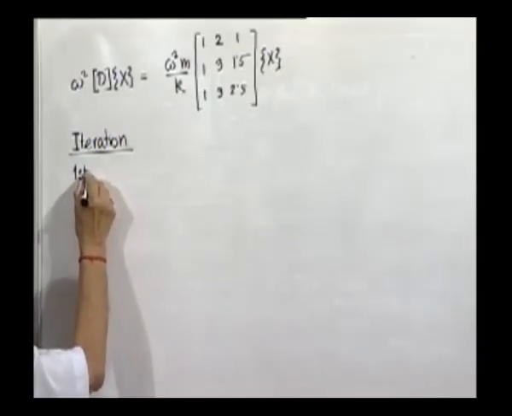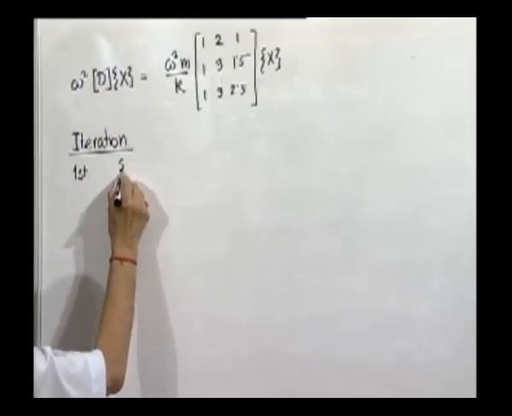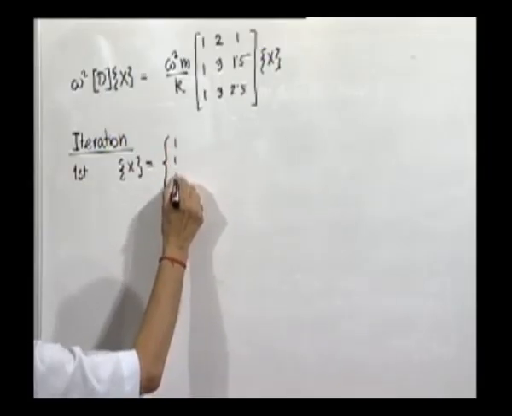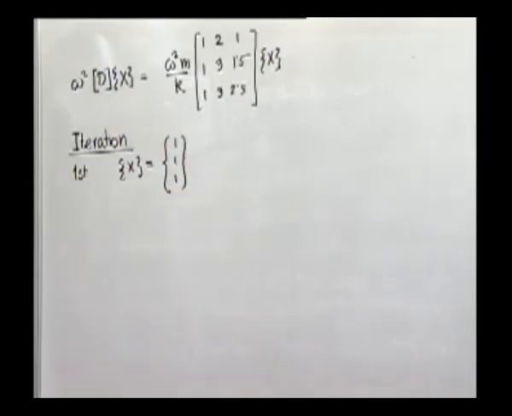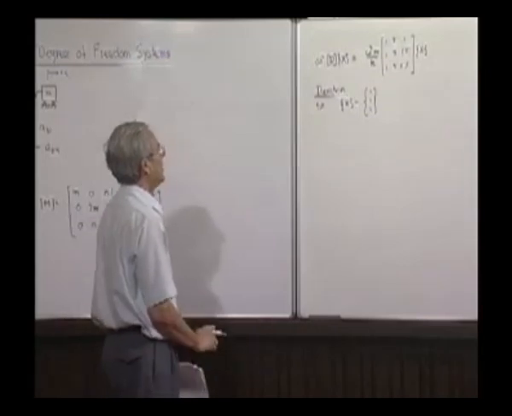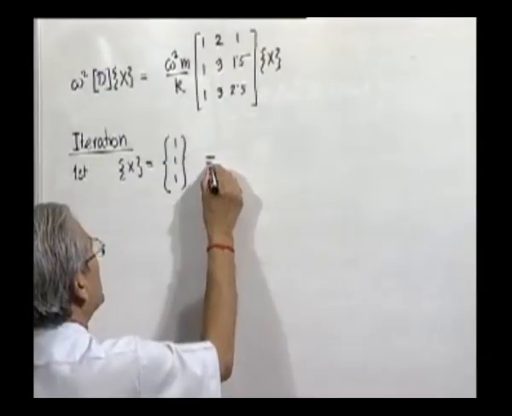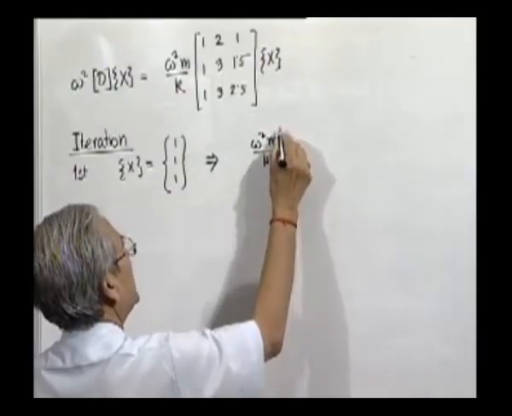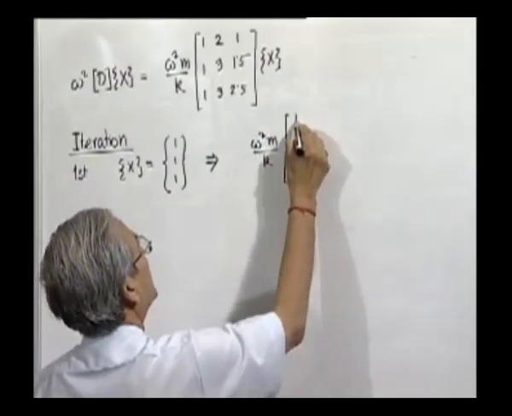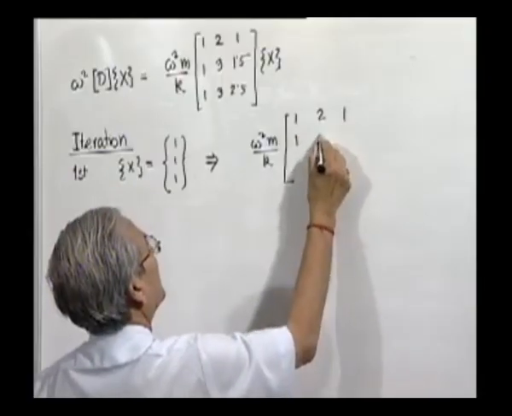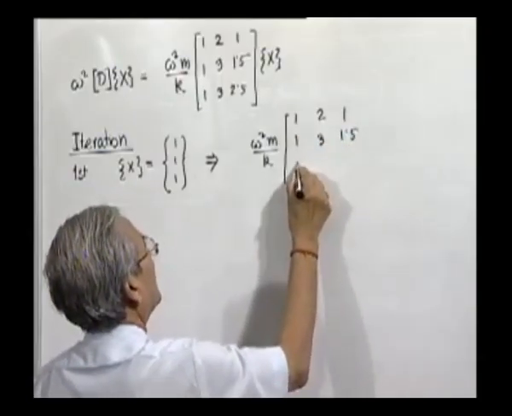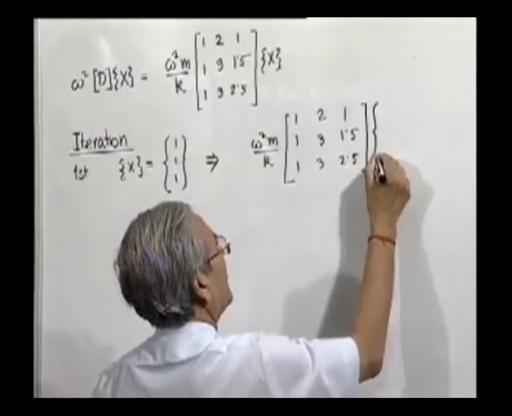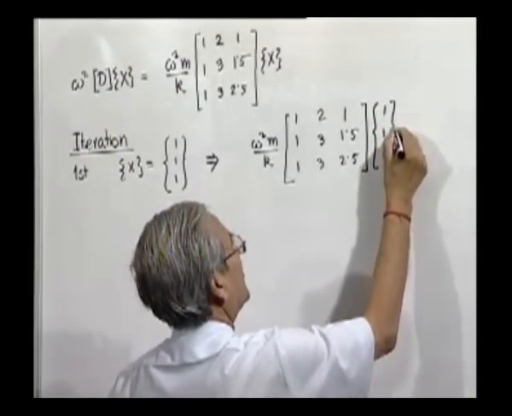First assumption, the simplest, let us take x as 1, 1, 1. If we substitute here, we will get omega square m by k, one particular case I am writing, one, one, one.